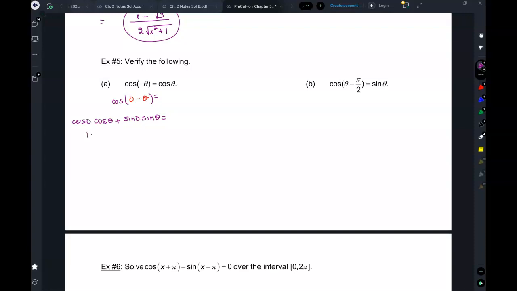So this is 1 times cosine theta. What's sine of 0? 0, times sine of theta. What's 0 times anything? Nothing. That goes away. So what do we have left? Cosine of theta. So that equals cosine of theta. Do you guys see how they came up with the identities? Isn't that cool? You just have to verify.